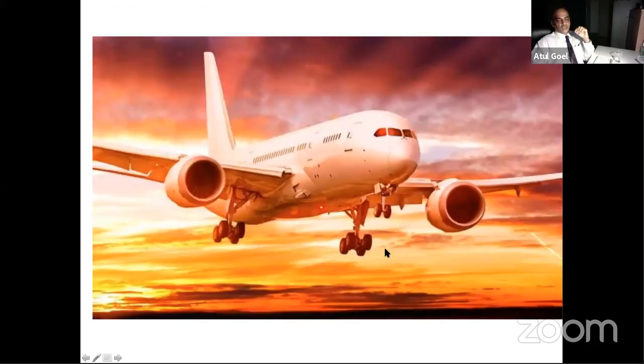I want to ask a question to all of you. In this big aircraft, which is the strongest part of the aircraft? Answer this question. Whether it is the nose of the aircraft which is the strongest, whether it is the wings of the aircraft which is strongest, whether it is the tail which is the strongest. Now let me answer this question for you. The strongest part of the aircraft is these tires.